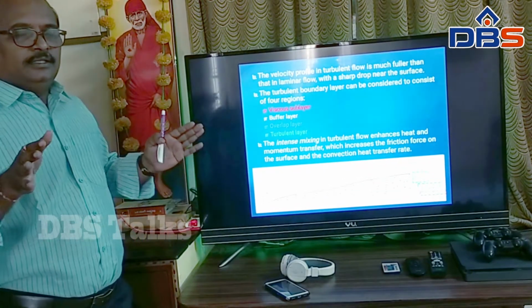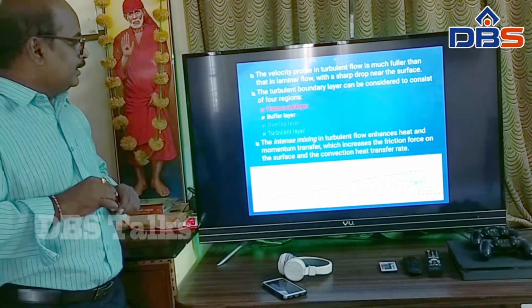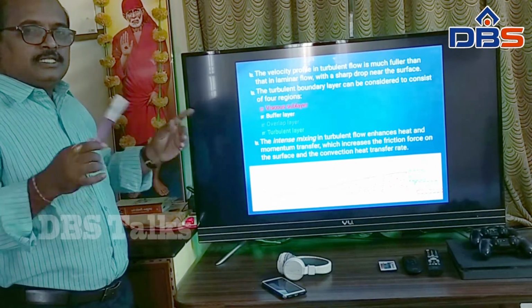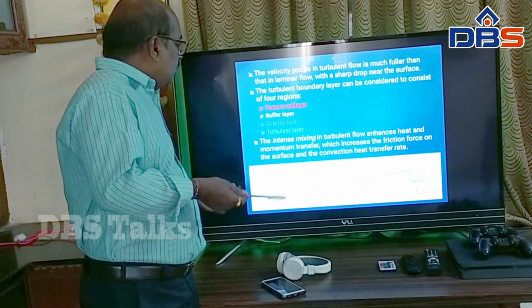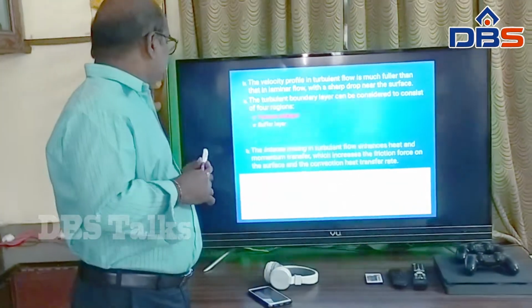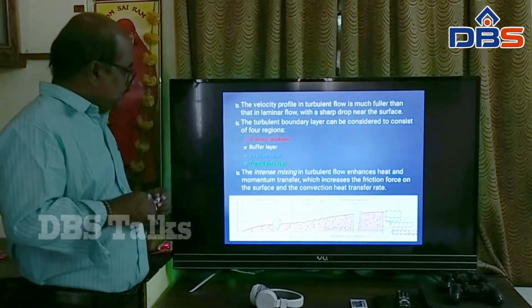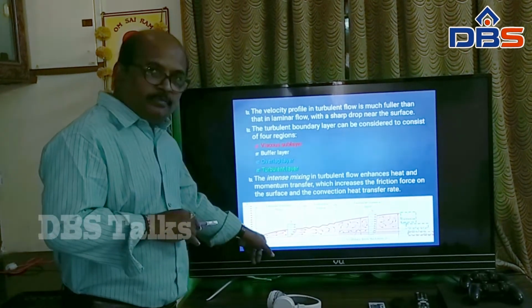So that is laminar flow and turbulent flow we have discussed for an internal flow. Now we'll see for external flow how these laminar and turbulent layers take place. Okay. So there is a plate.